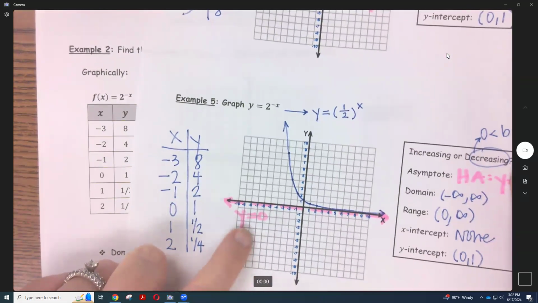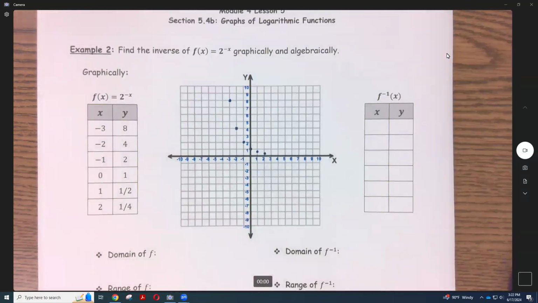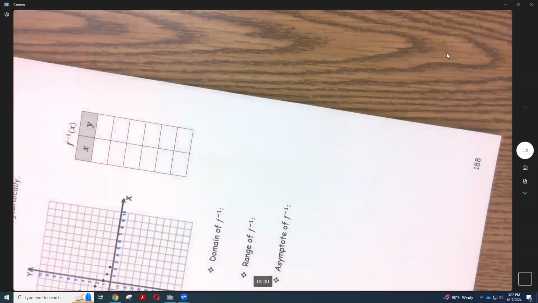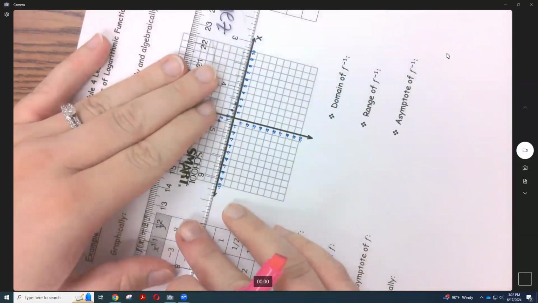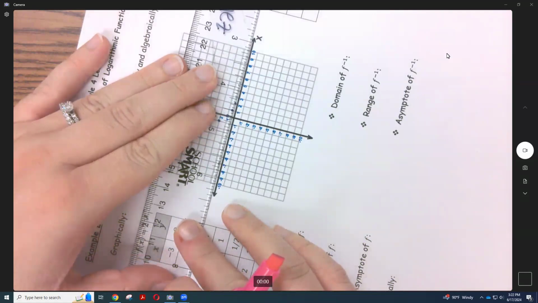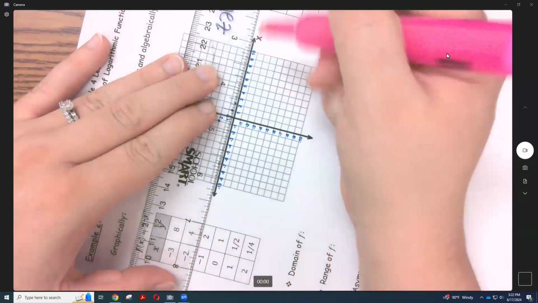And just like before, we have another horizontal asymptote. So before we connect those lines, let's draw in that horizontal asymptote at y equals 0.